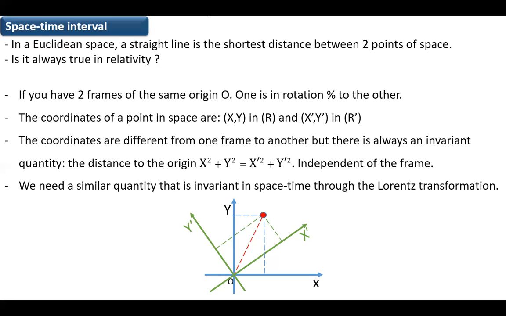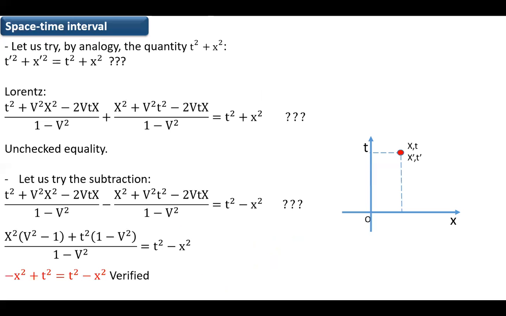If you don't have invariant quantities, you don't have a law of physics. Stick it in your mind. Laws of physics are always based on invariant quantities. So let us find this invariant quantity in relativity or in our space-time x and t.